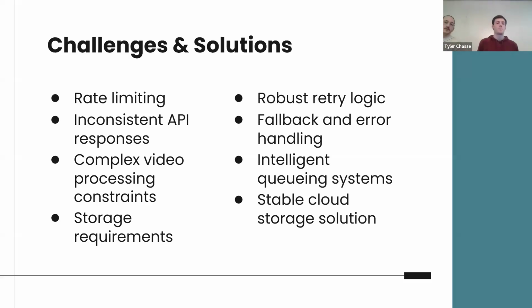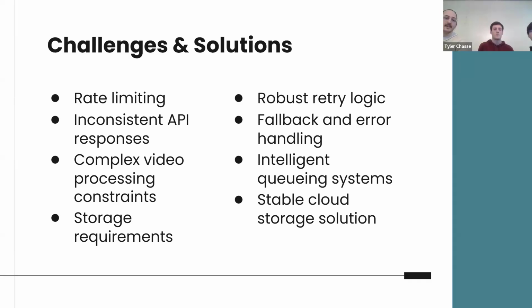Okay. We also have faced a lot of different challenges over the semester that required some creative solutions. Rate limiting with different APIs and inconsistent API responses were things we needed to test a lot. So we've implemented a lot of retrying logic and error handling.